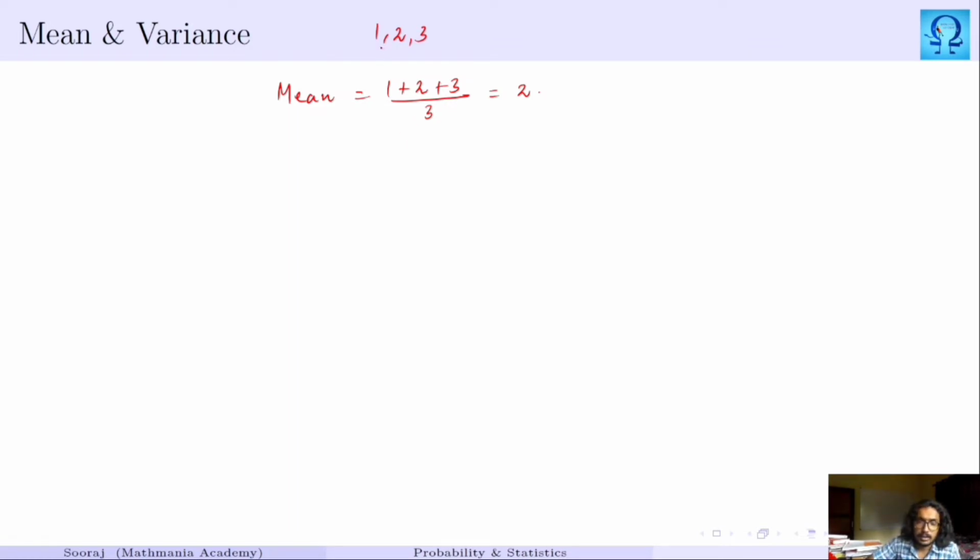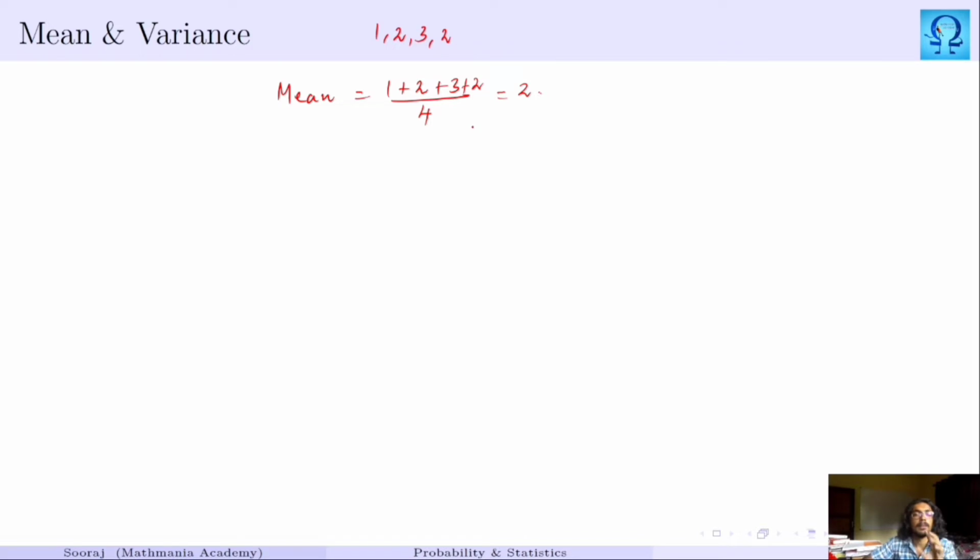Because out of these three values, we have 1 upon 3 chances for one to be chosen. The same for the other two. Suppose we have four values like this, then we just divide by 4 and add, and find out the average, isn't it?